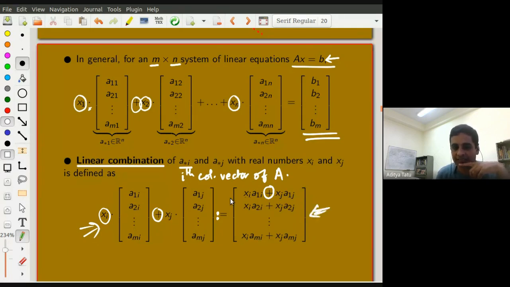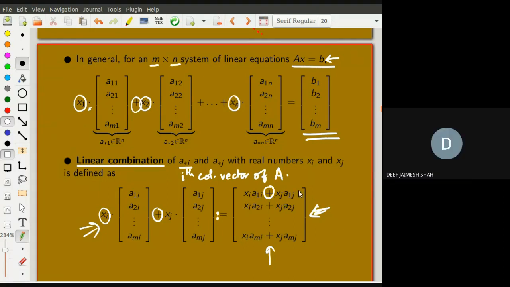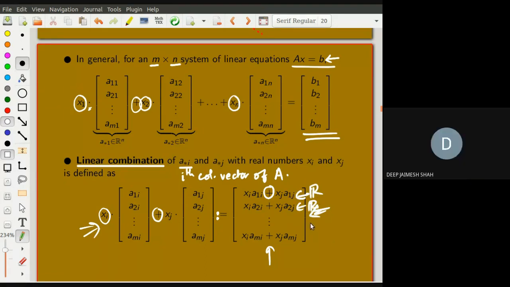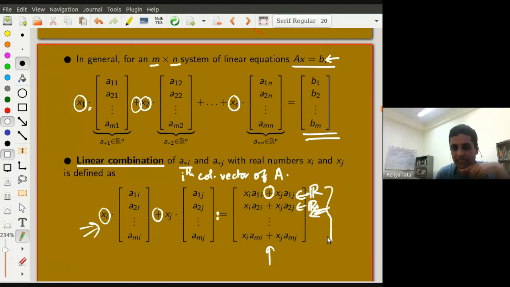If you look at each entry of the right hand side matrix, it is nothing but multiplication of two real numbers and addition of two real numbers, right? Yes, sir. So each entry of this matrix on the right will be a real number. So this entire thing has to be in Rn. So it is closed, right?